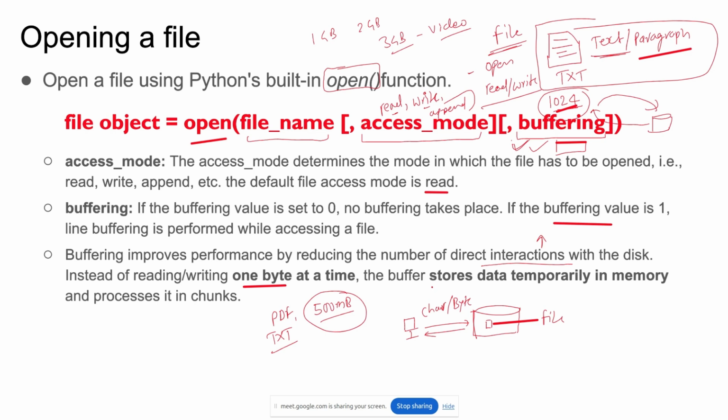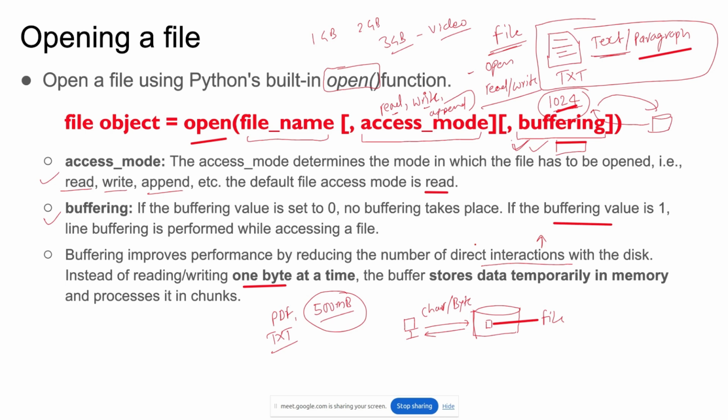So you can use buffering to make access faster, right? That is the importance of this. Access mode is for the mode, read, write or append, and buffering is the size of data that you want to read and keep in your buffer. I will show you all of these things with examples.